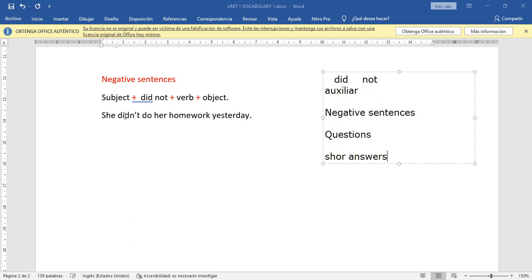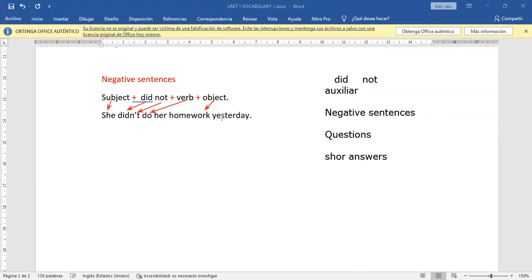Now, here we are using did, and it says plus a verb. What do we have? We have the subject, did, not contracted, and the verb do, and the complement or object. Negative sentences need did. Did is the helper verb, the auxiliary verb that we need for negative.